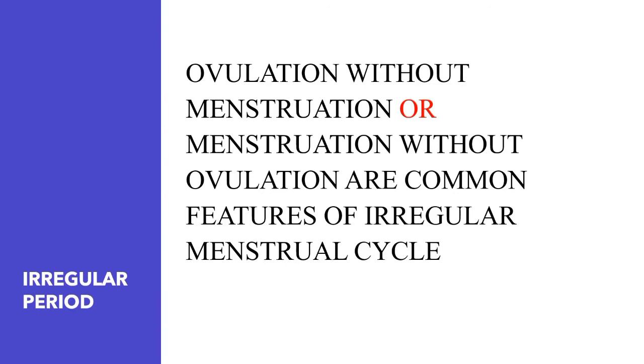In the life of a woman, if the average menstrual cycle is about 28 days, a woman is expected to ovulate 12 to 13 times in a year. For women with irregular period, this number of ovulation reduces.